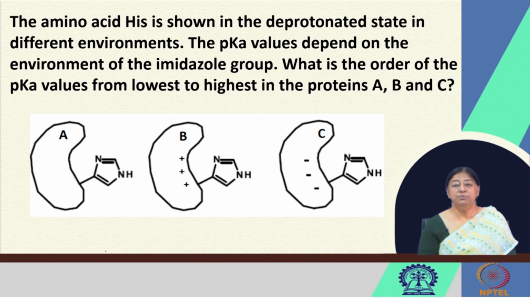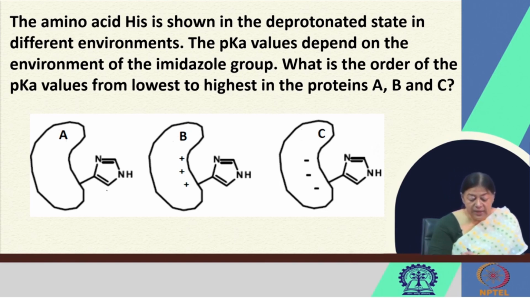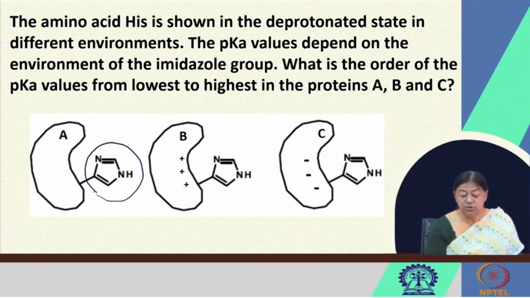This is going to be important, as I have mentioned, because it covers the range of physiological pH. But for now, we want to order the pKa values from lowest to highest in the proteins that are depicted in A, B and C. This is the imidazole group shown in a deprotonated state.